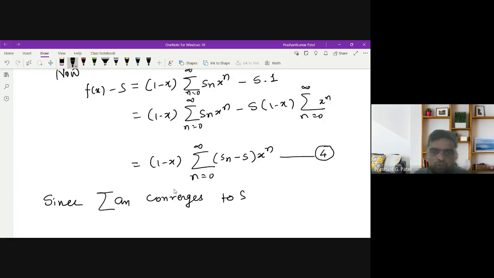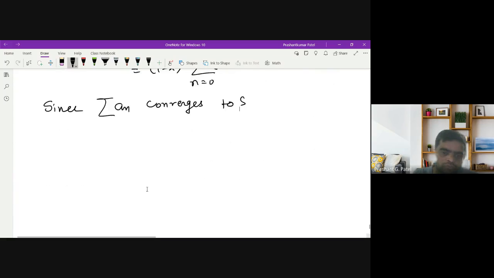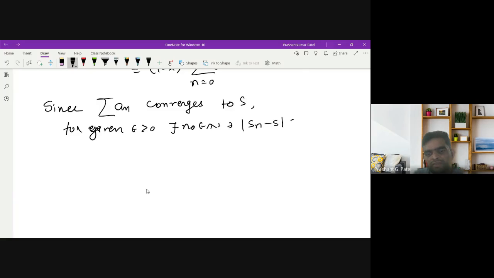Obviously, these two converge, meaning the difference tends to 0. But for that, we have, for given epsilon greater than 0, there exists n0 belonging to N such that mod of Sn minus S is less than epsilon.